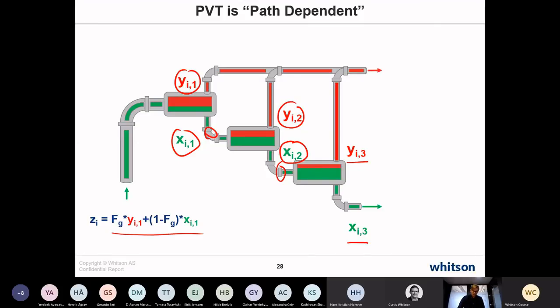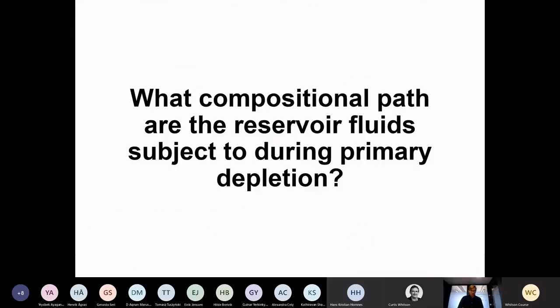And this is the equation that you should use. That's just to demonstrate it. It's one way to visually think about why PVT is path dependent, and this is just at surface. And the ECM method tries to do something similar, where the reservoir can be viewed almost as a stage in this separation process.